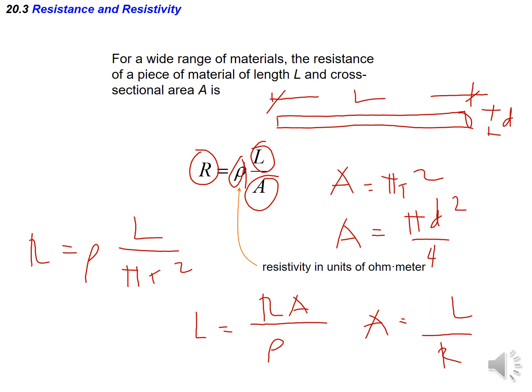This should be resistivity, I mean. Okay, here's the resistivity. So resistivity times length of the wire divided by the resistance. Okay, so let's proceed with the problem solving.